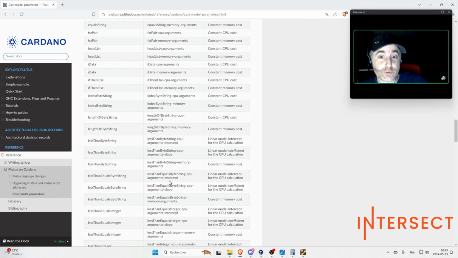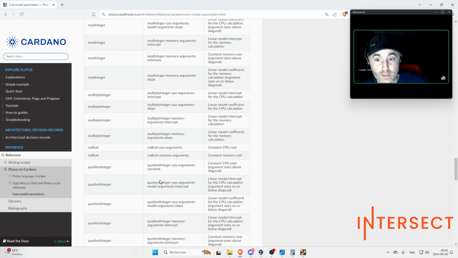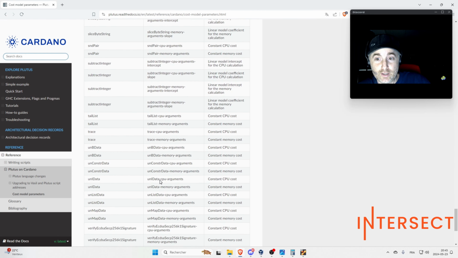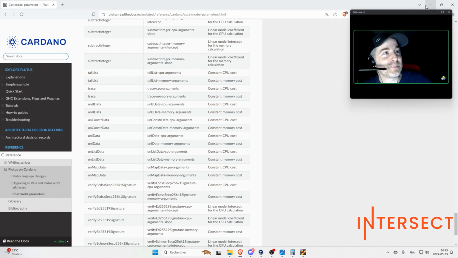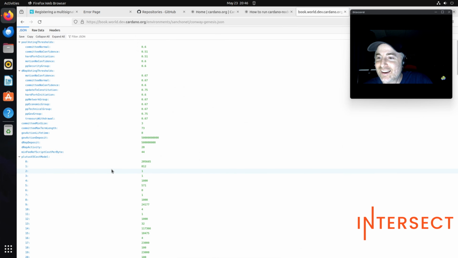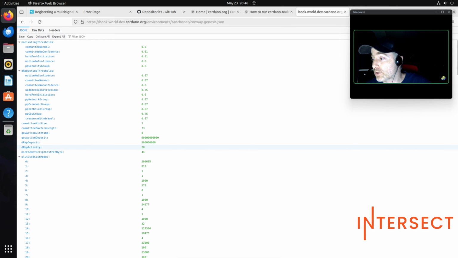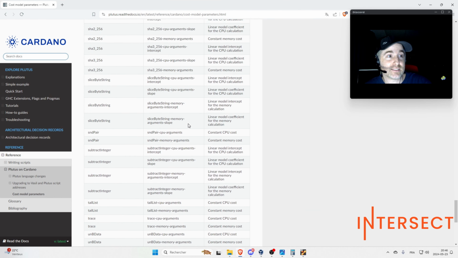There's a fee, there's a cost model for everything. I need to find a way to explain them all, and on top of that, make it simple. I'm sure I can make it. I hope so. But there's no more documentation than this.